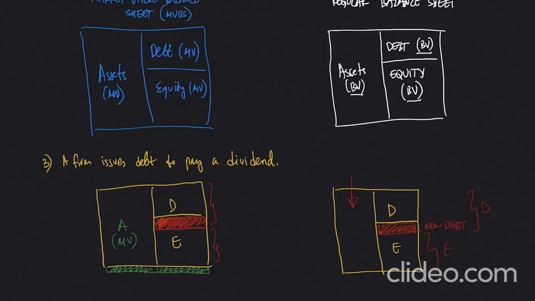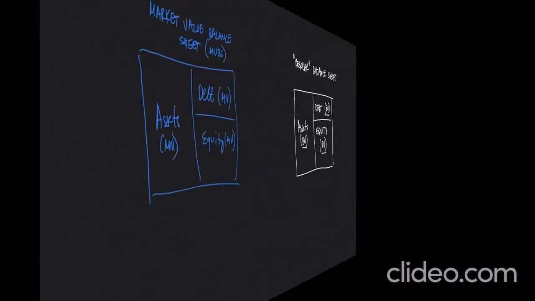So therefore, this transaction has this additional impact on the market value balance sheet. So altogether, the market value of debt increases, the market value of equity decreases, but not as much as it would have been if there was no additional informational impact. And the left-hand side, or the market value of assets of this firm, increases as a result of this transaction.